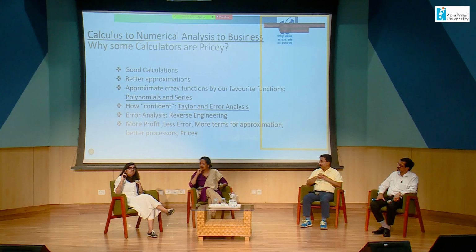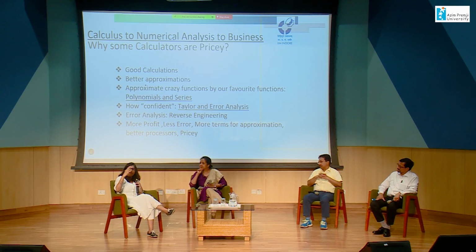One more example is why formal definition, first principles, is so important, because they are the repository to create numerical algorithms. So one thing I tell them in the first class is why some calculators are pricey and some calculators are cheap. Why? Because you, as a business manager, need to decide the price of the calculator.